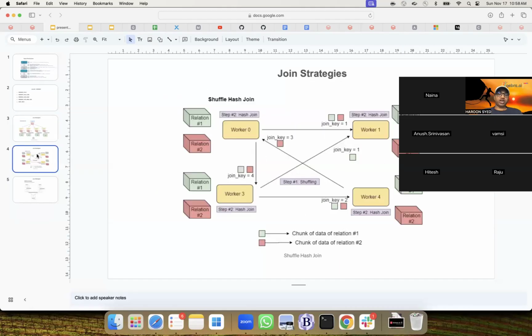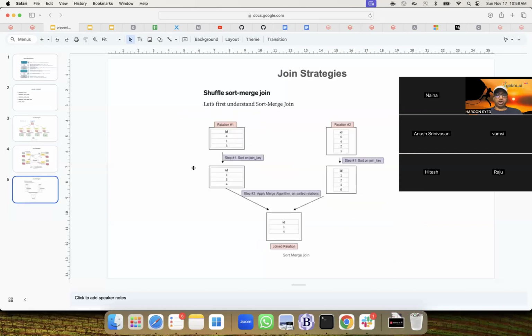Now, even if it starts with shuffle sort merge join, and then during the execution it finds that, because you have applied some transformations, the data has significantly fallen. Say I am doing a table filter with value less than 100,000, or a where clause like department equal to HR.